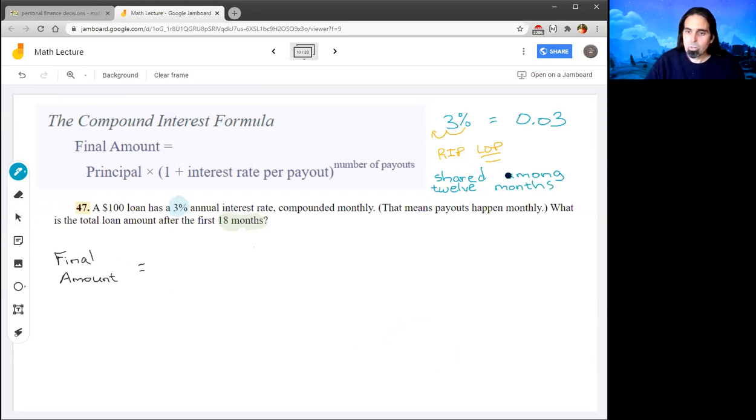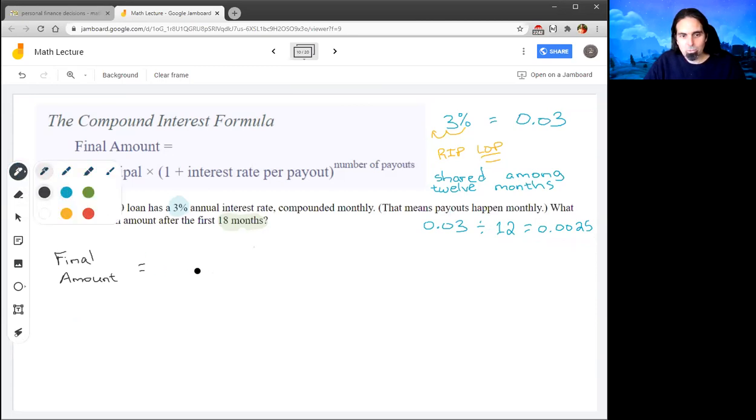So if we share the 3% among all 12 months, then that becomes 0.03 divided by 12. Is 0.0025. So it's only that nice small decimal that we pay each month in interest. Otherwise, we would all go broke way too quick with credit cards.